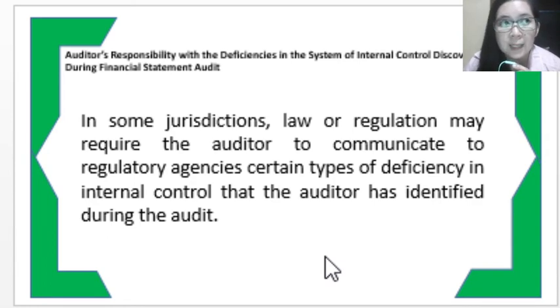So meaning in this case, aside from communicating with the management within the entity, there might be some law or regulations that will require the auditor to communicate these deficiencies to outside parties such as the regulatory agencies concerned for that deficiency.